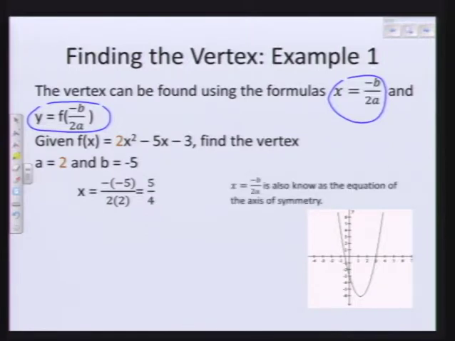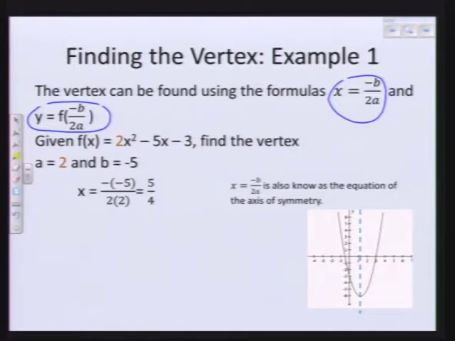Well, we're going to remember that that's also known as our axis of symmetry. Notice it's x is equal to 5/4, so the dashed line I've drawn in here is where 5/4 is on our graph. Notice that the axis of symmetry splits that graph directly in half.